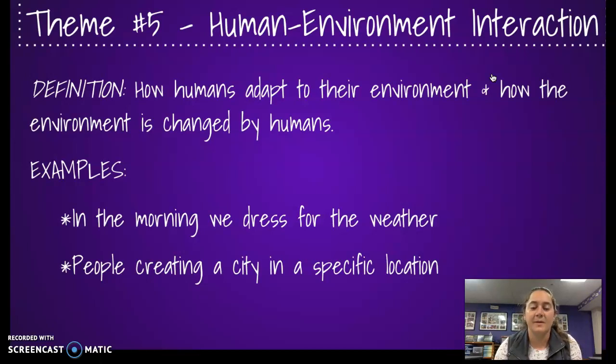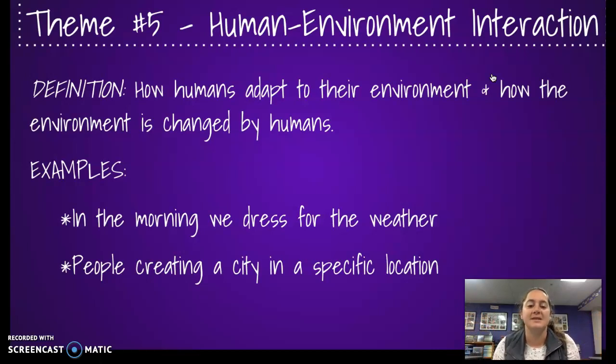So human-environment interaction explains 2 things: how humans adapt to their environment and how the environment is changed by humans. It's a relationship. So humans change the environment, the environment changes humans. Like it makes us make certain choices because of what's happening in our environment.